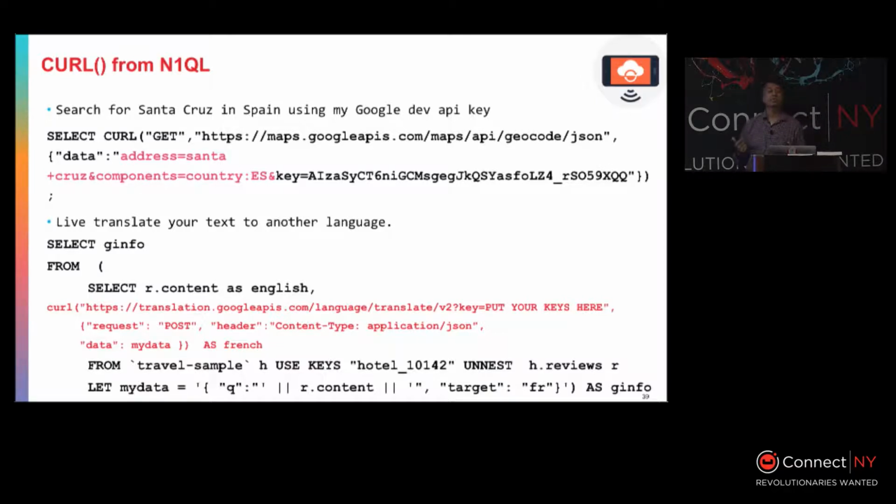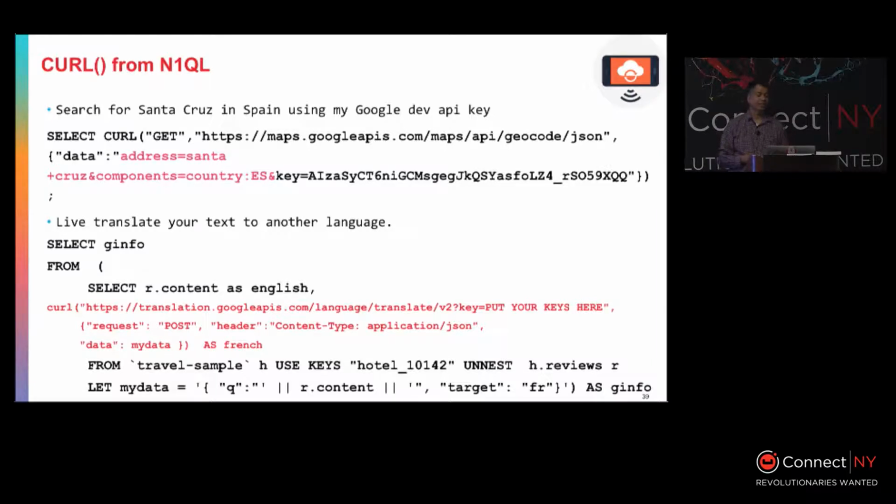Second thing is, sometimes you have data stored within Couchbase, and you want to use that as a parameter to a REST endpoint externally. So in here, I have hotel reviews stored in travel sample, and I want to convert that from English to French or some other language that the Google translation supports.